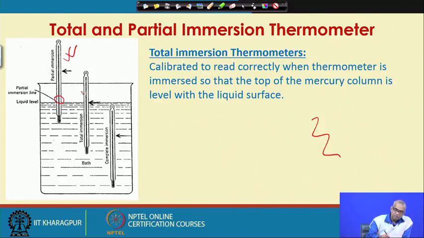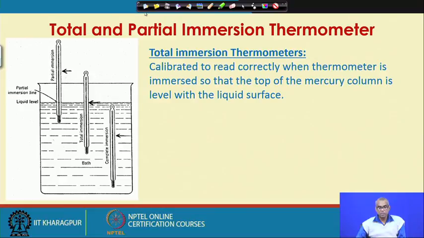Similarly, for total immersion and complete immersion also, there are standard procedures which need to be followed. So, let us look at that in some more detail. Total immersion thermometers are calibrated to read correctly when the thermometer is immersed so that the top of the mercury column is level with the liquid surface.